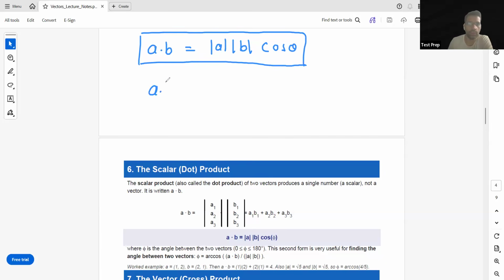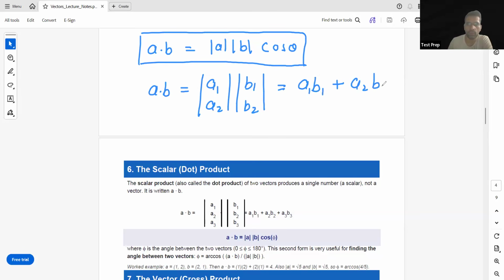If A is written in the form A1, A2, on the x-axis and y-axis, and B is written in the form B1, B2, then A dot B is simply A1 B1 plus A2 B2. Now you have to remember these two formulas.